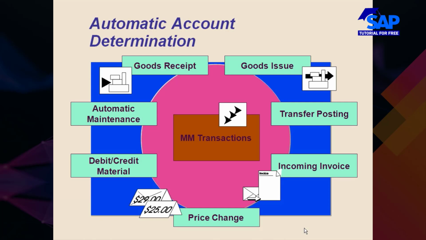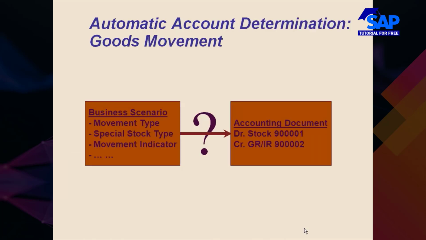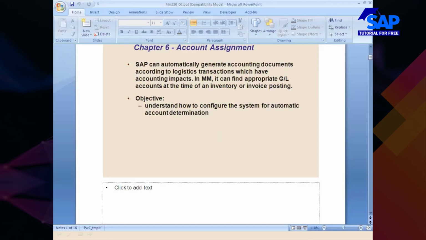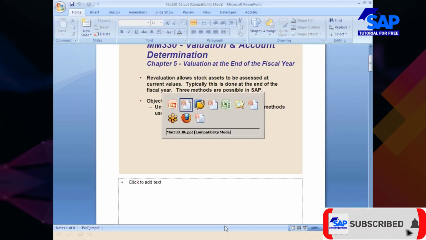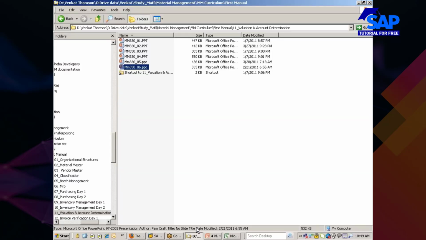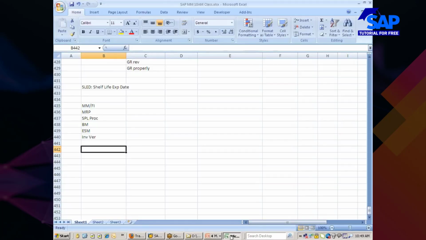I'm sorry. Okay, in all these places where there is an accounting document getting created, the MMFI integration or the automatic account determination comes into picture. So let me help you by writing over here what parameters we require. For MMFI integration, let me ask you this question.